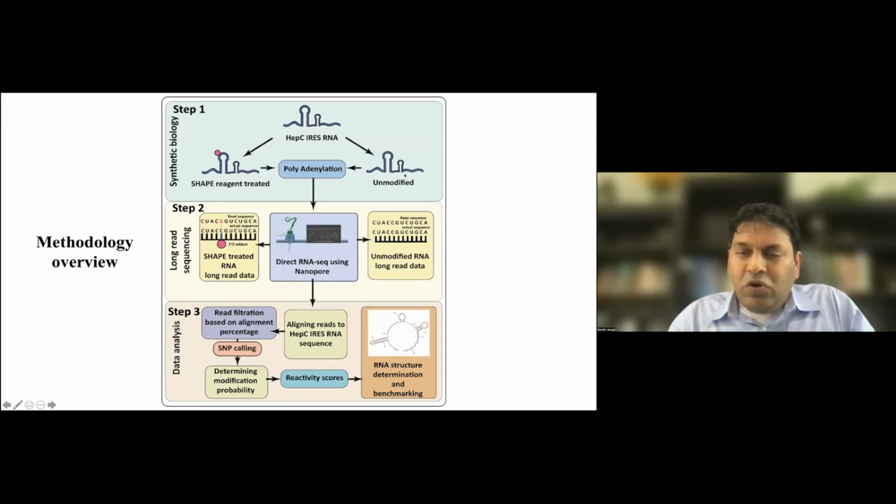You would also have a control molecule, which would then be polyadenylated, and you would perform direct RNA sequencing of both these libraries, with the idea that in the library which has modifications, that would be captured, while the end product is that you would align these reads, and wherever there would be SNPs, that would help you to generate a reactivity score at that particular location, and you'd use the control for finding the differential.